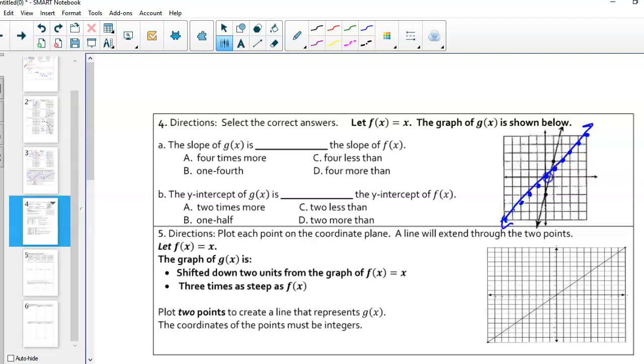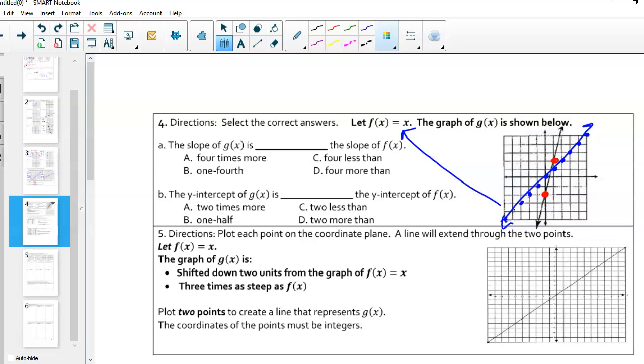It's comparing that line that I just drew in to the line that was already there. What is the slope of this line in red?